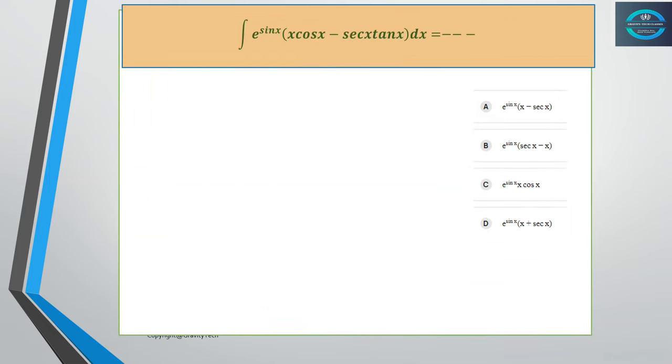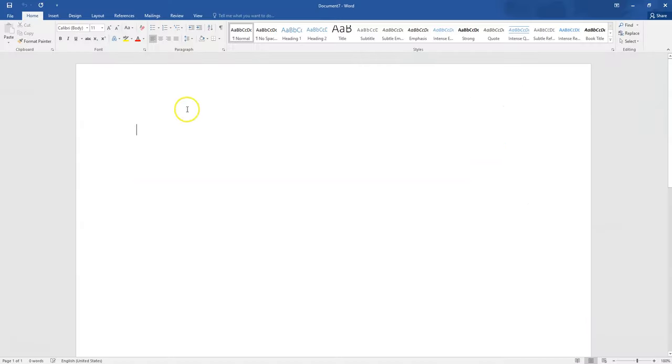The next question they have is e raised to sin x in a bracket x cos x minus sec x tan x dx, right? Then what is the integration? Now, how to solve this? See, this is again a kind of easy one. You need to think in a reverse way. Now what we need to do is start thinking in terms of derivatives, right?